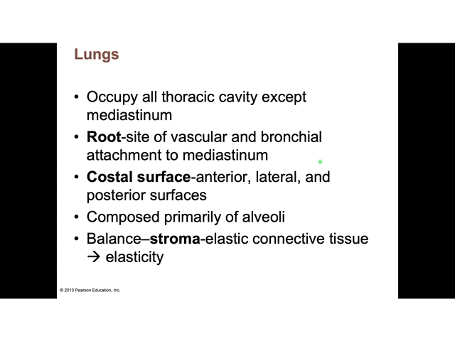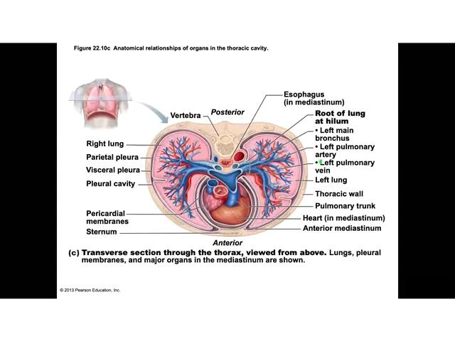The root is the site of vascular and bronchial attachment to the mediastinum. Costal surface has an anterior, lateral, and posterior region. It's called costal because it is in contact with the costal cartilages of the ribs and the ribs themselves. It's composed primarily of alveoli. The rest is stroma, which is elastic connective tissue that lets the lungs stretch out and recoil when you breathe.